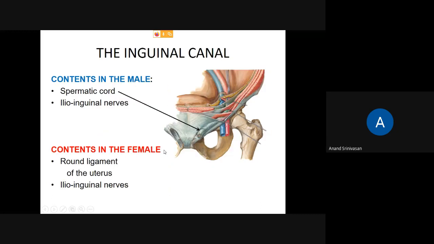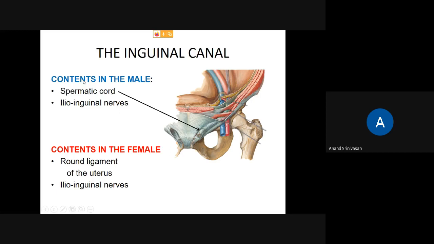Now the inguinal canal in males. The inguinal canal is more prominent in males because of the presence of the scrotum, and certain structures go towards the scrotum, which is called the spermatic cord. The spermatic cord is comprised of the testicular artery, testicular veins, and also the vas deferens, which conducts the sperm from the testis to the urethra.